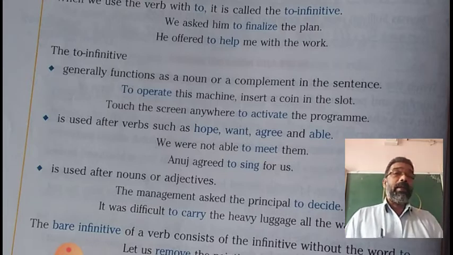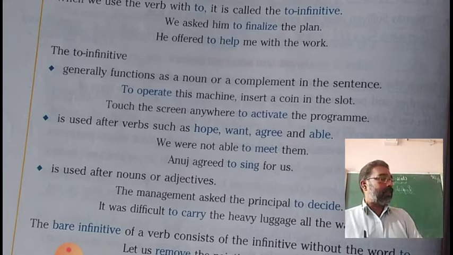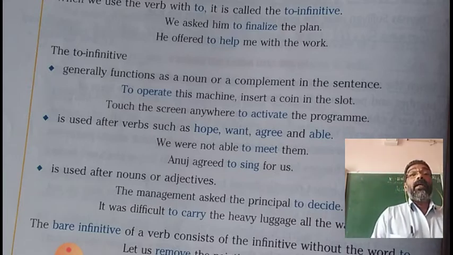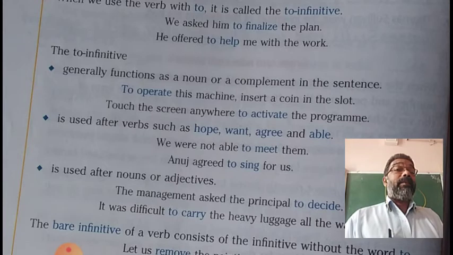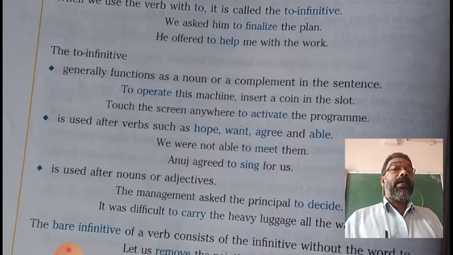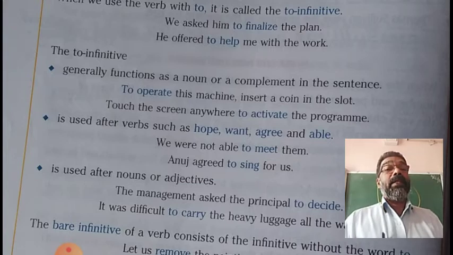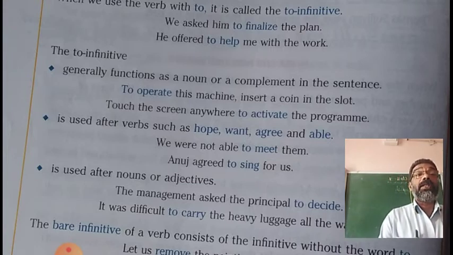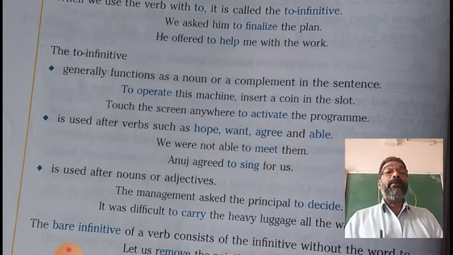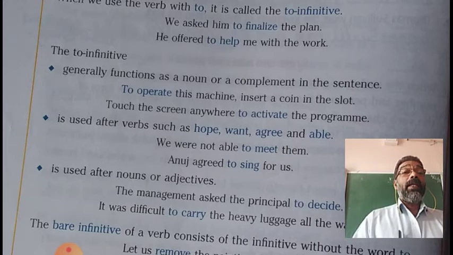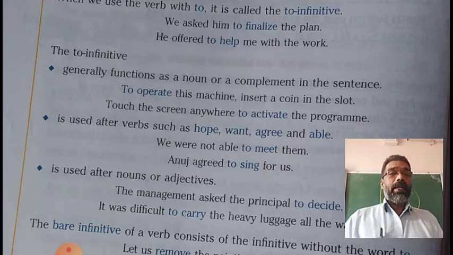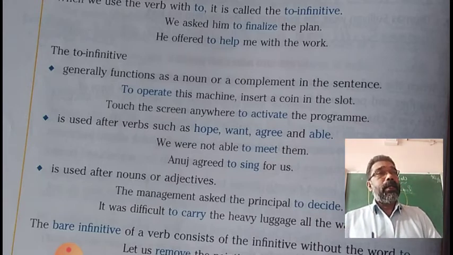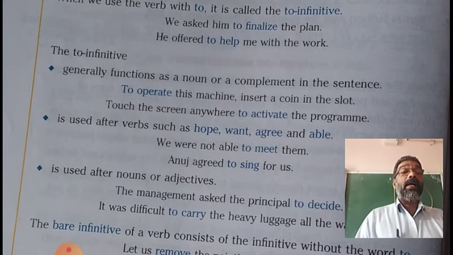It is also similar to the function of a complement. With these verbs, the sentence may not have complete meaning. Some more complement is needed. Something more is needed. For that, we use infinitives. Hope, want, agree, able. Usually after these verbs, some infinitives are needed.